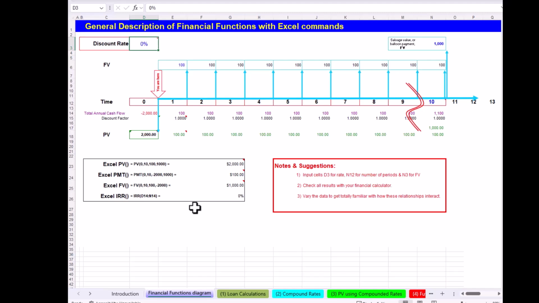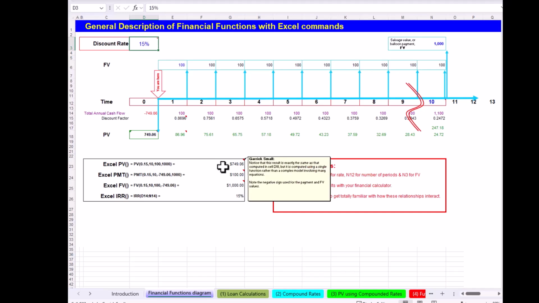And here it is illustrated across here to give the 2000, and you'll notice that the discount rate is 0%. Let's bring the discount rate up to 15% to make it a bit interesting. And here we find it calculating the present value, or the value of the property, as $749, which you can see worked out here longhand.